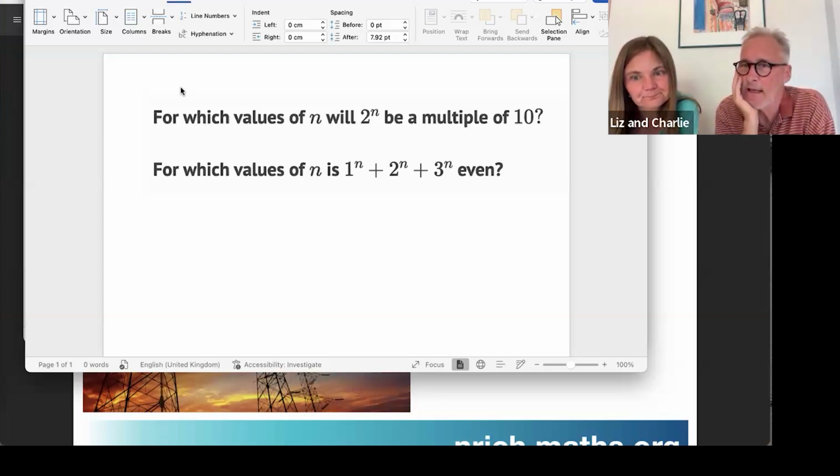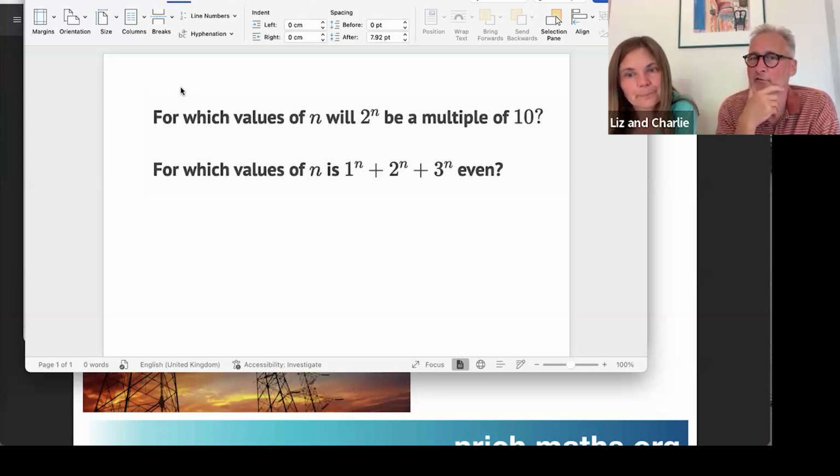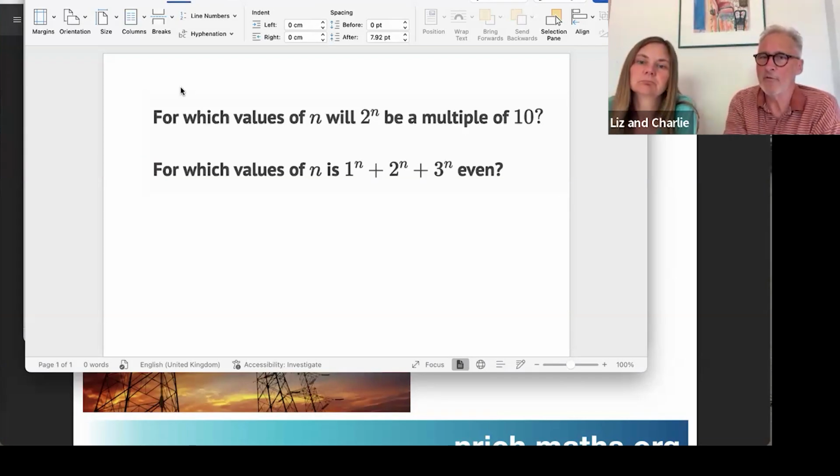Angela has also noticed that the unit digits repeat themselves for powers of 2. What happens with powers of 3? Because somebody said that 3 to the n is always going to be odd.